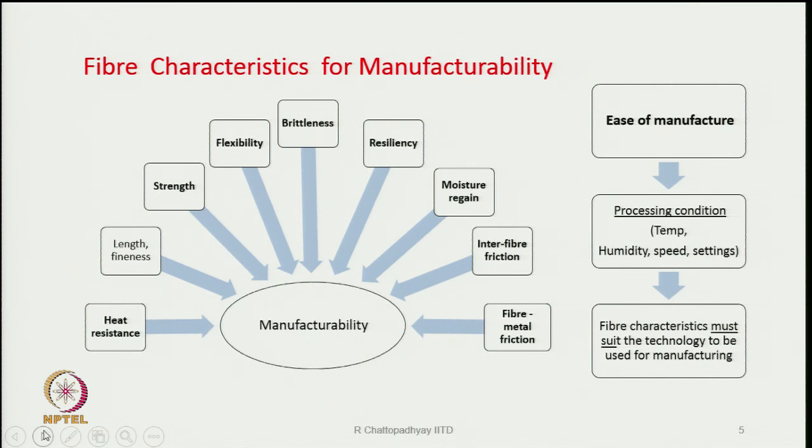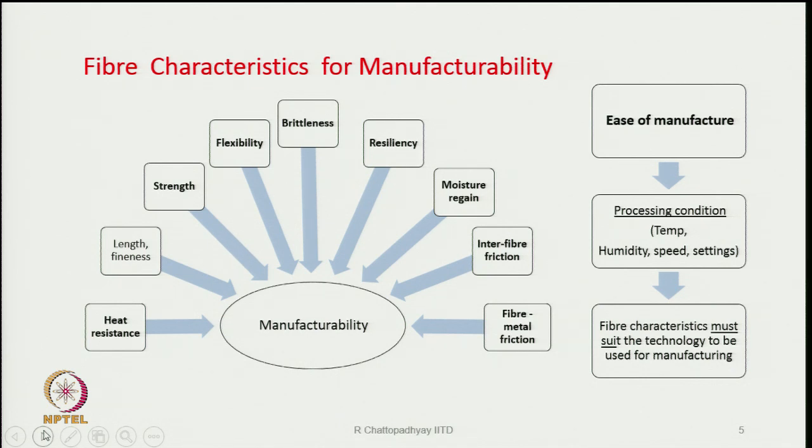So, therefore, ease of manufacture depends on processing conditions like temperature, humidity, speed, settings, etc. And we have to see that fiber characteristics must suit the technology to be used for manufacturing.